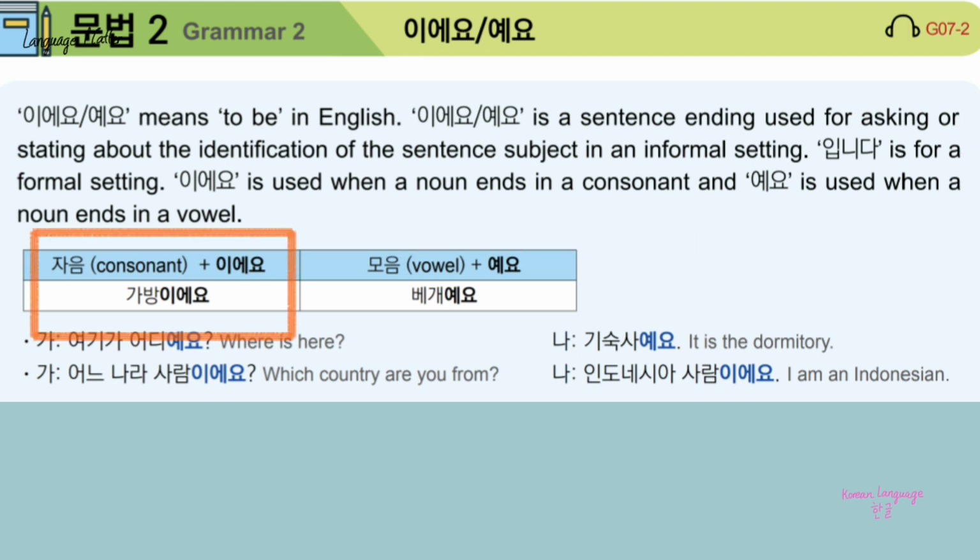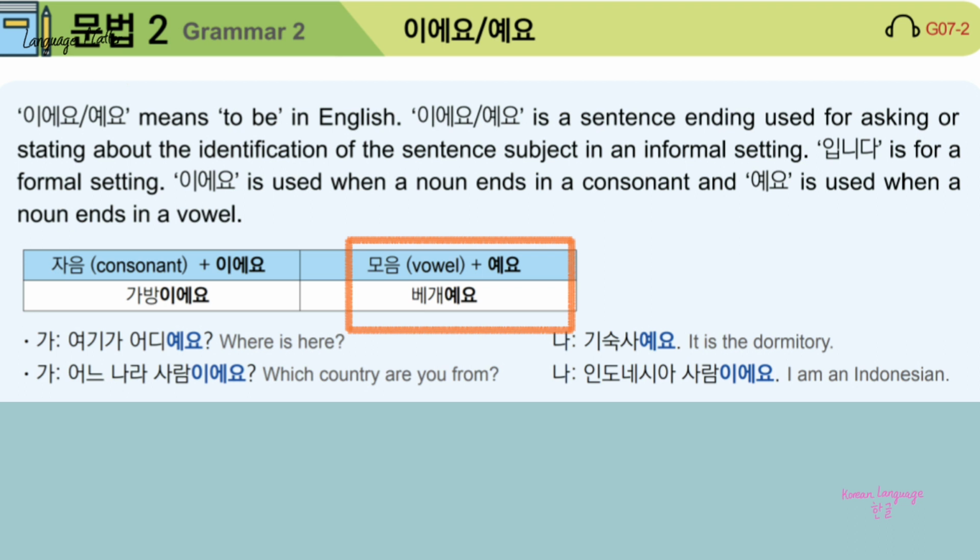Ending in consonant, 이에요. 가방이에요. It's a bag. Ending in vowel, 예요. 베개예요. It's a pillow.